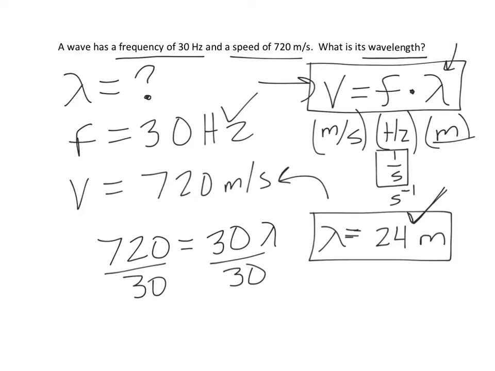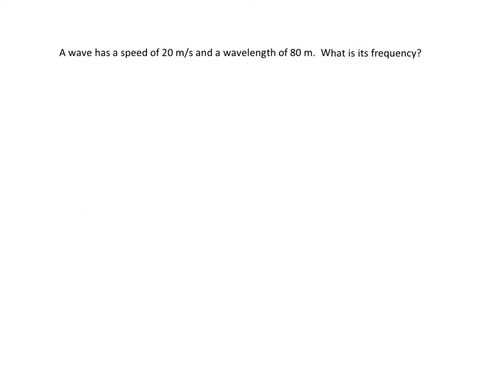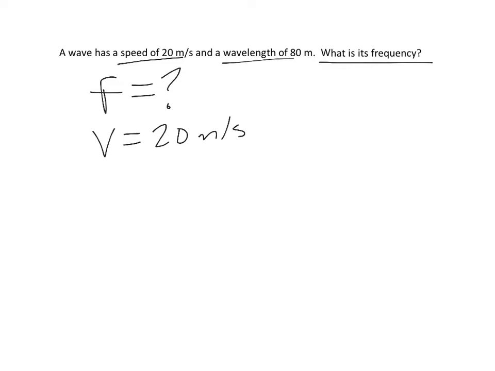So let's look at another one. So again, start by figuring out what am I looking for. Look for the question. What is its frequency? So I say, I'm looking for F. What do I know? I know the speed is 20, so V is 20 meters per second, and I know the wavelength is 80. Then we're going to take our equation, so V equals frequency times lambda.